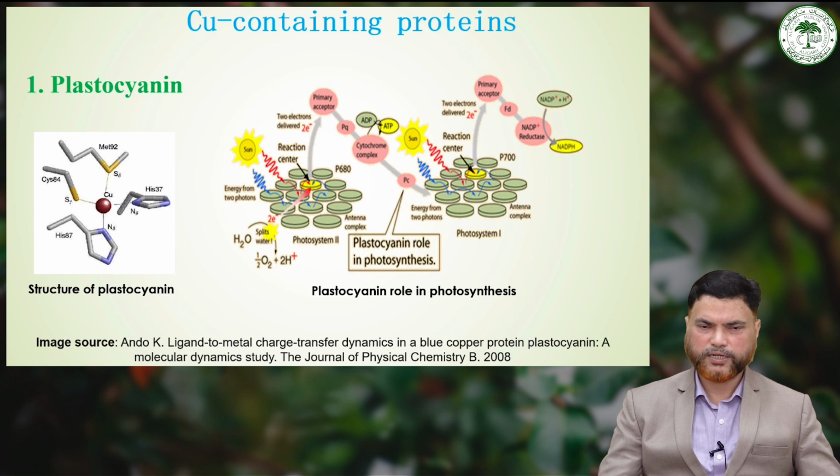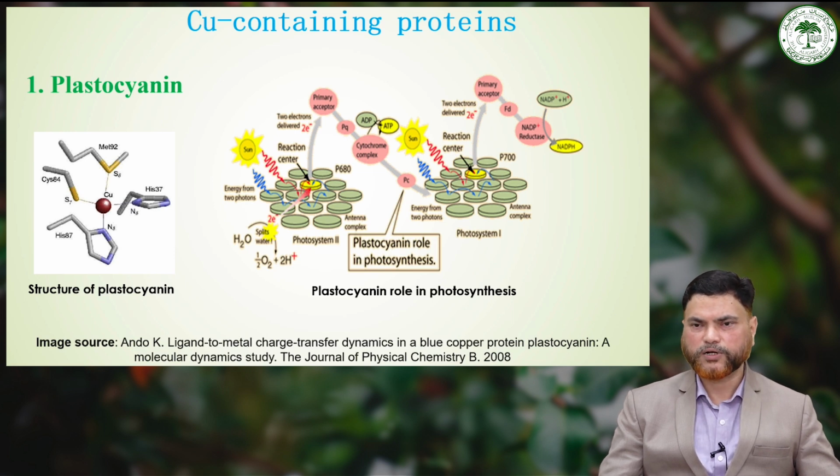Plastocyanin is an integral component of the electron transport chain of photosystem 1, and there are about 3 to 4 molecules of plastocyanin per 1000 chlorophyll molecules.